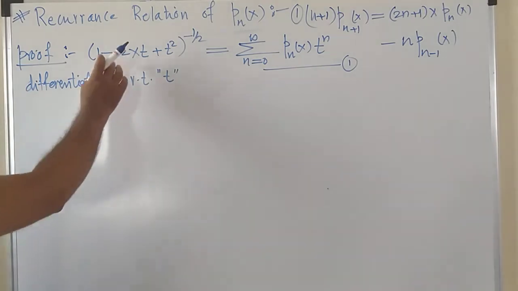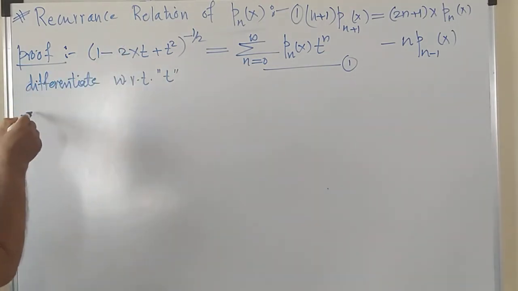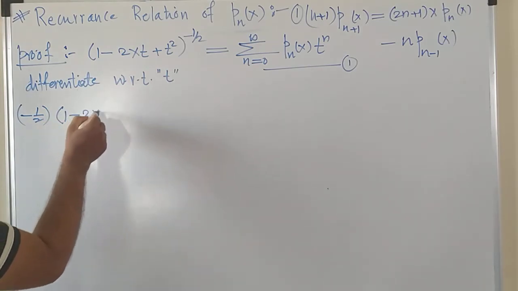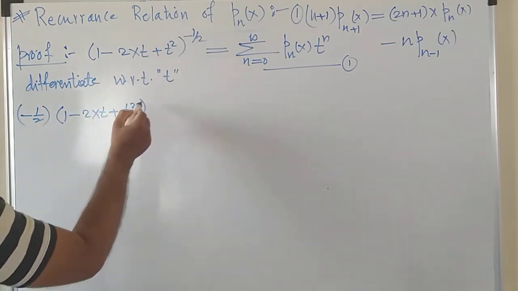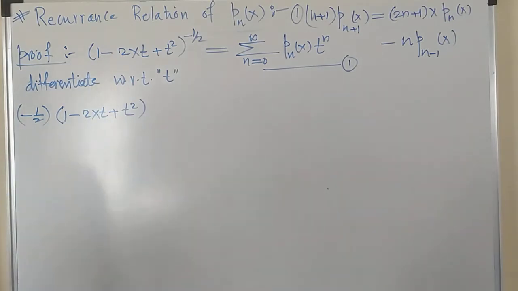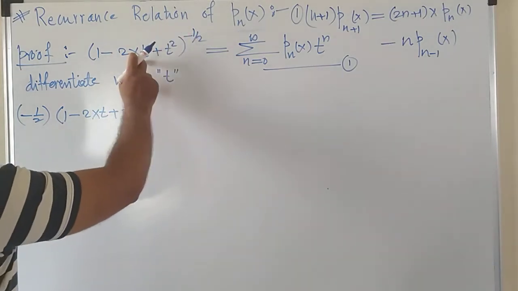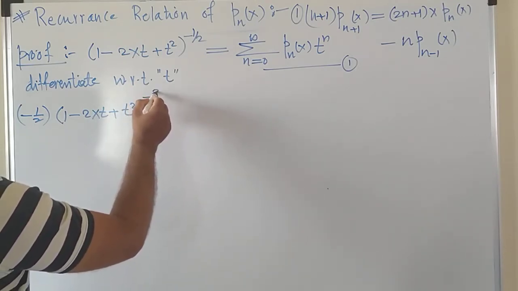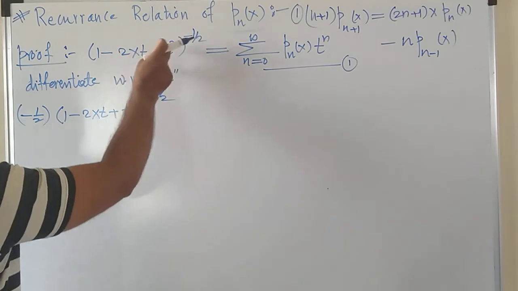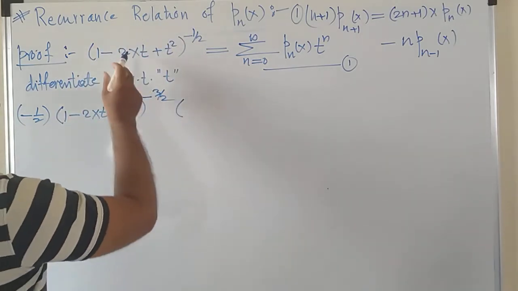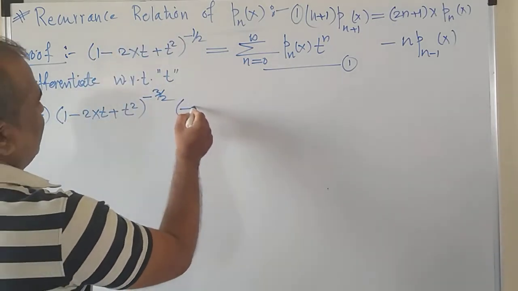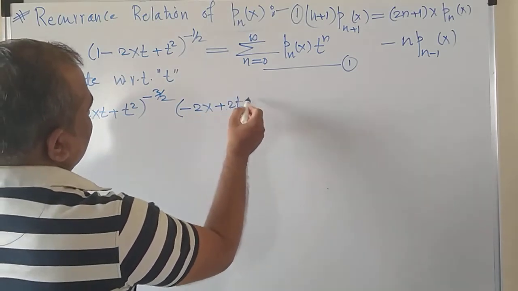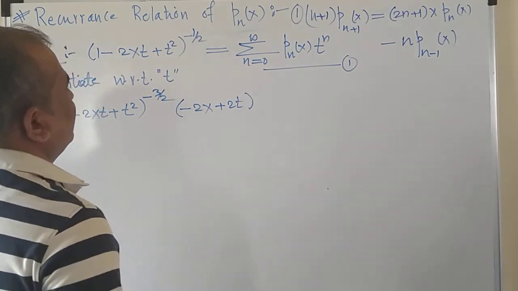Once you differentiate this with respect to t, what will you get? Differentiation of this is equals to minus half into 1 minus 2xt plus t square raised to power minus half minus 1, which is minus 3 by 2, into differentiation of this bracket. Differentiation of this bracket with respect to t is equals to minus 2x plus 2t, right?